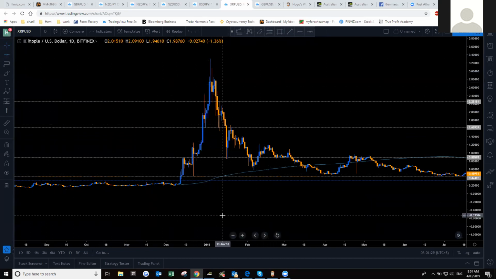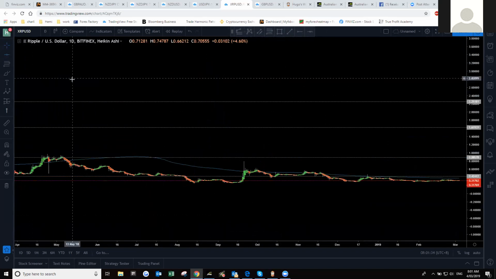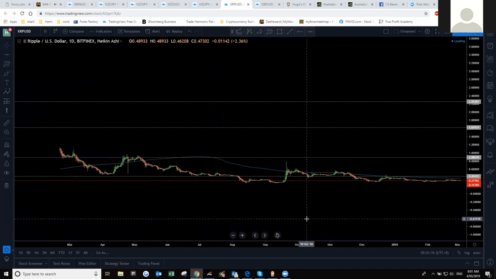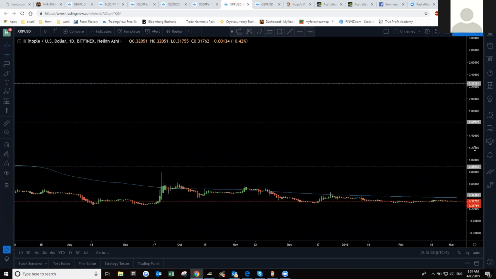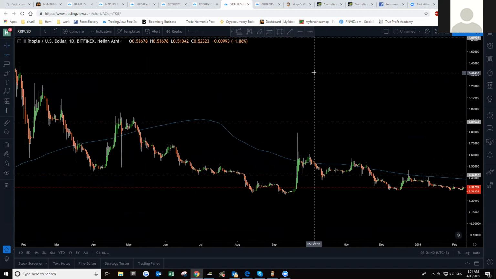Switch to your Fibonacci candles as well. I want you getting used to using them. I just don't like those colors. Yeah, you can switch them up.